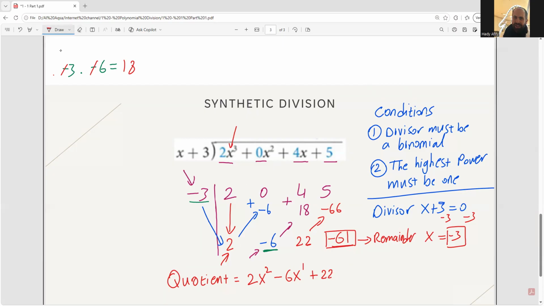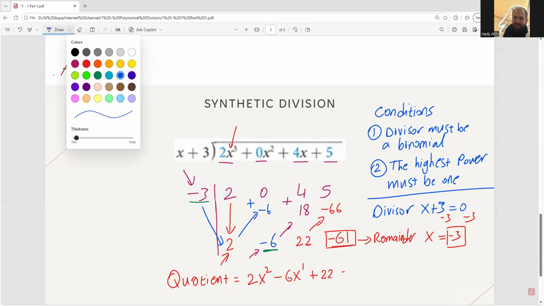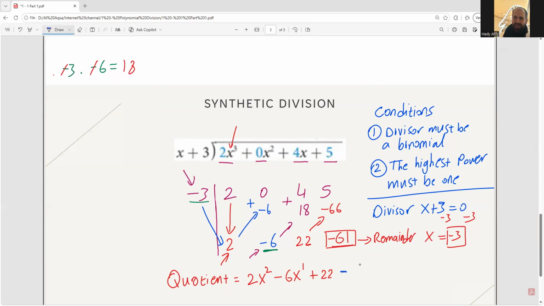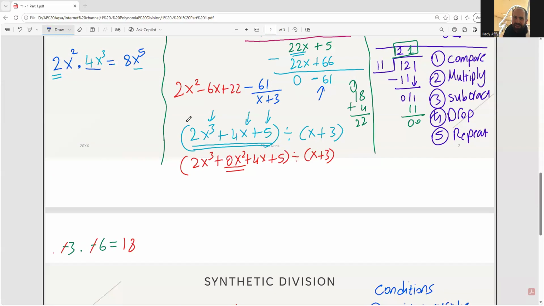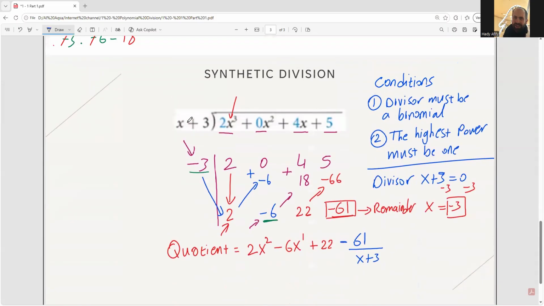I know that it is there, but the value of it is actually 1. Then minus 61 over the divisor, which is x plus 3. So as you can see, both answers are actually the same.